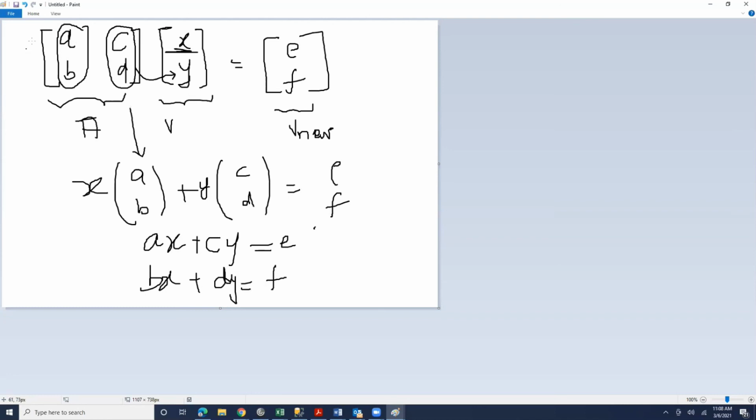By doing these operations in this order, where the first column is multiplied with the first value here, second column is multiplied with the second value here, and adding them up, you end up getting these equations. This is matrix vector multiplication. Does this make sense?